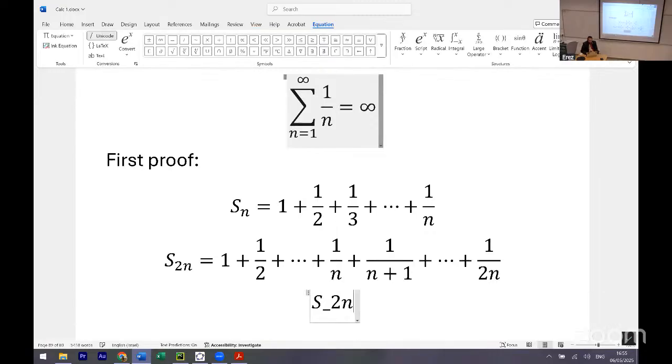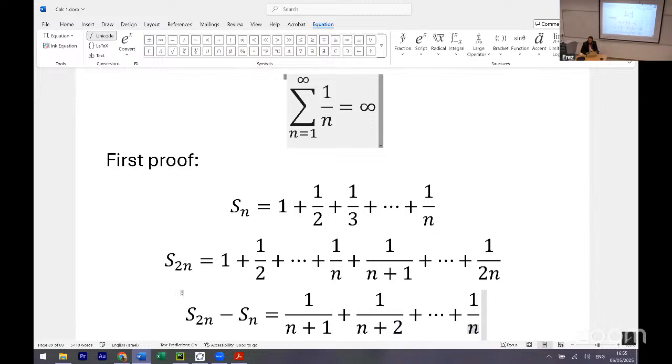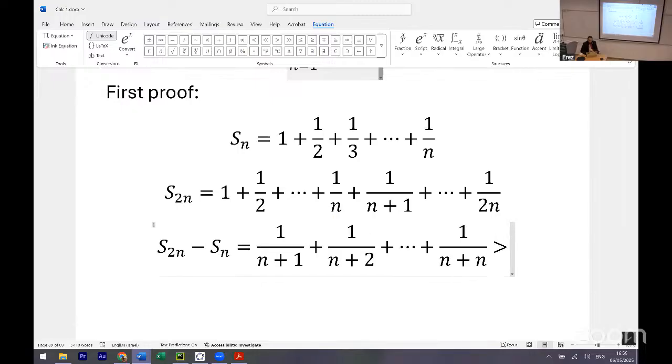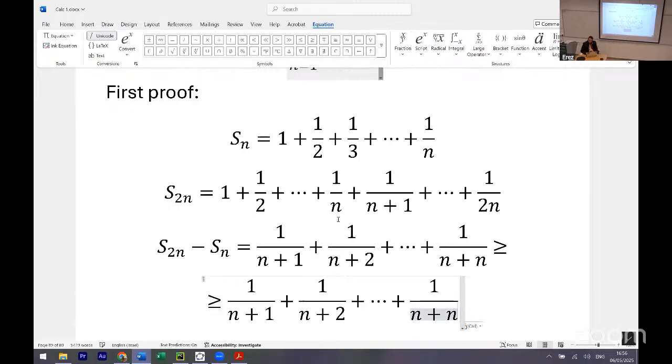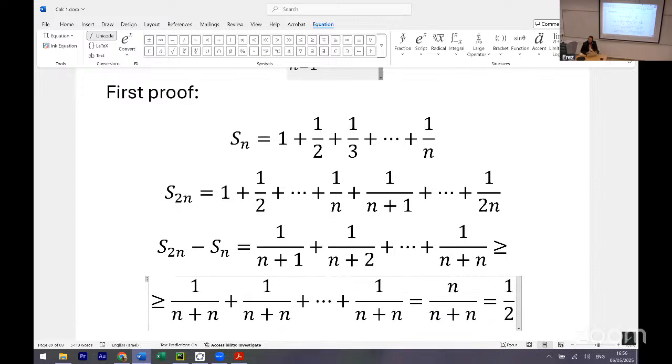What is S2n minus Sn? It's 1 over n plus 1, plus 1 over n plus 2, until 1 over n plus n, which is 2n. Agreed? Let's sandwich things. That is at least the smallest element here, which is the last one, n times. Agreed? Which is n over n plus n, which is half.